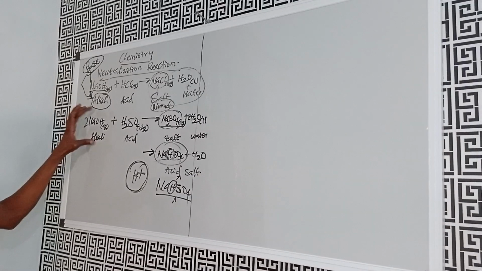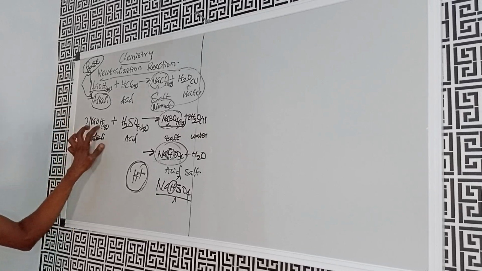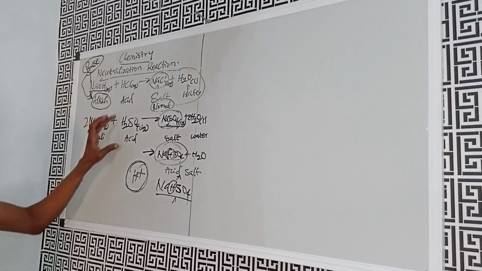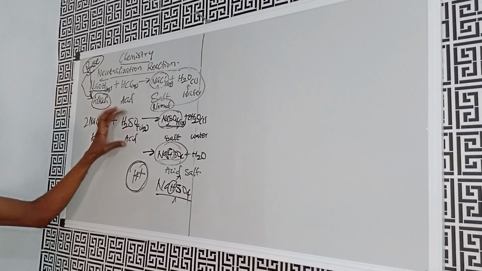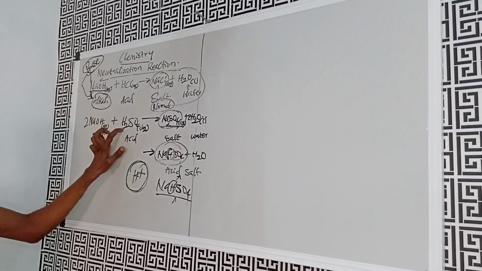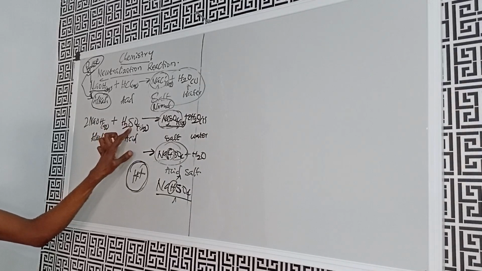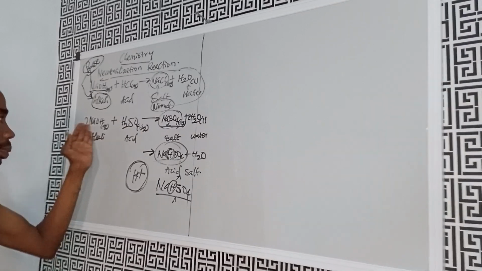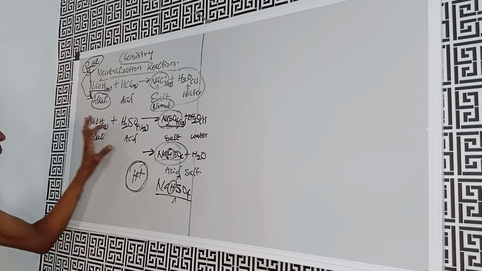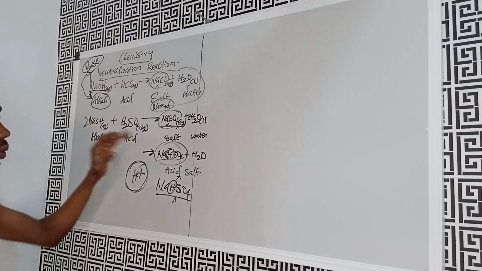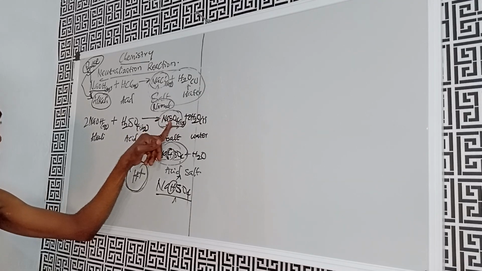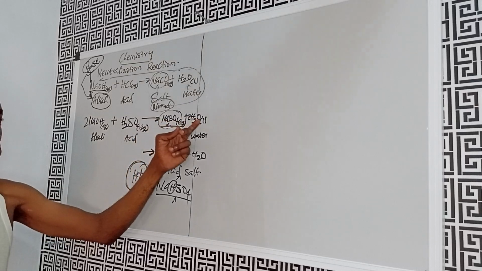Let's look at the second one here. 2 moles of sodium hydroxide reacting with 1 mole of H2SO4, that's tetraoxosulfate VI acid. When this acid reacts with this base, they form salt, sodium tetraoxosulfate VI, plus 2 moles of water.